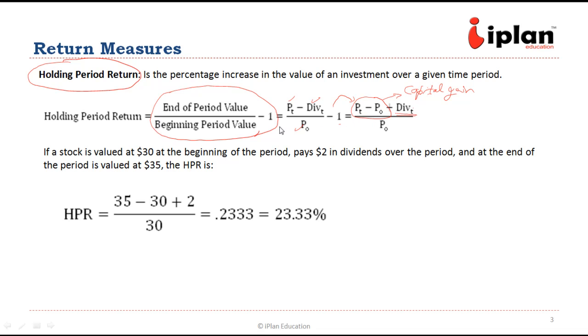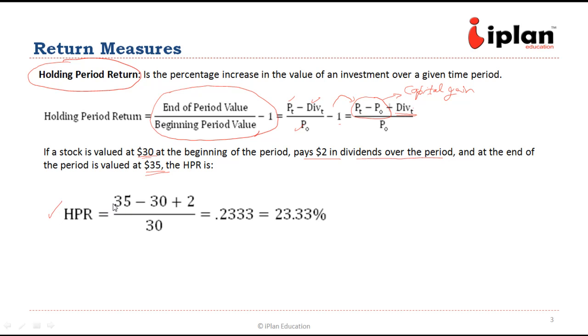Let me explain with the help of an example. If the stock price was $30 in the beginning and it pays $2 in dividends over the period, and $35 is the price at the end of the holding period, then holding period return can be calculated as 35 minus 30.